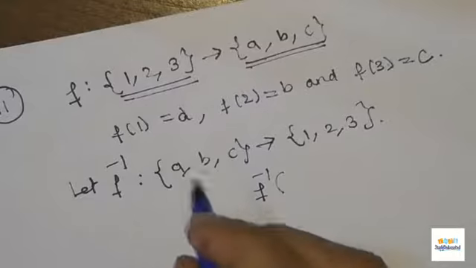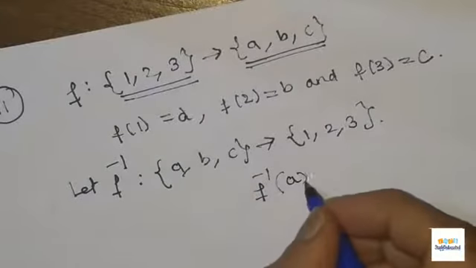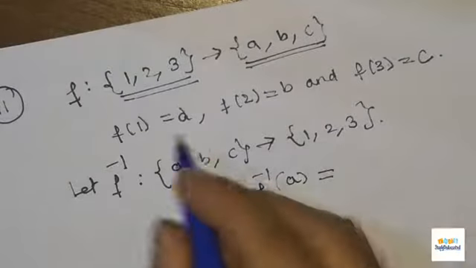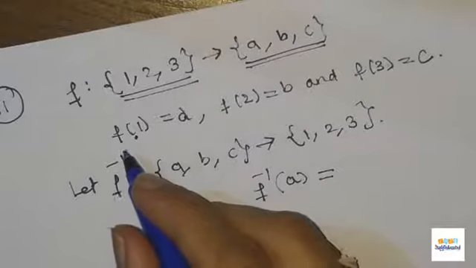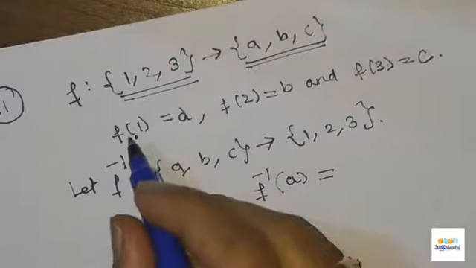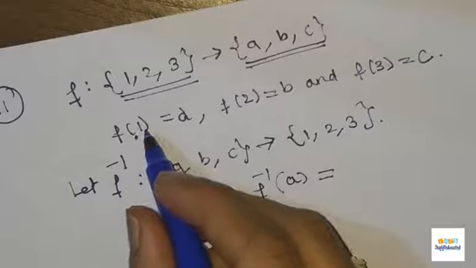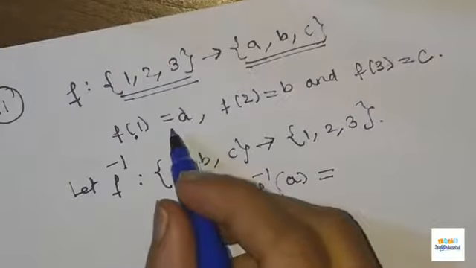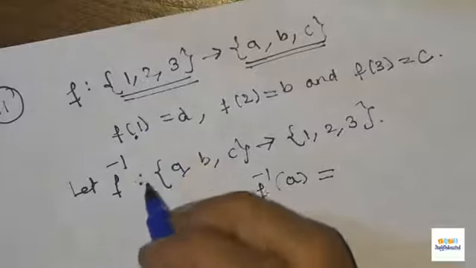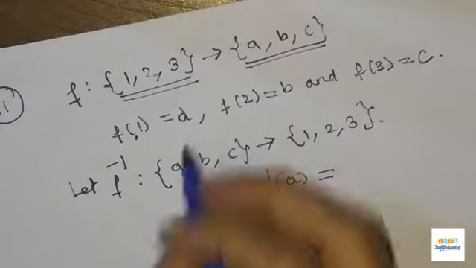So f inverse of a will be 1. The value x which f takes to the value y, for that value x you will have a y.